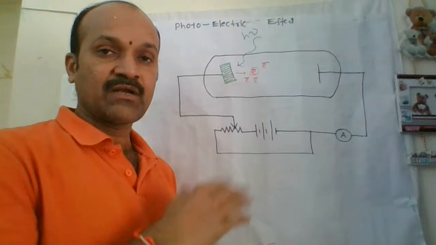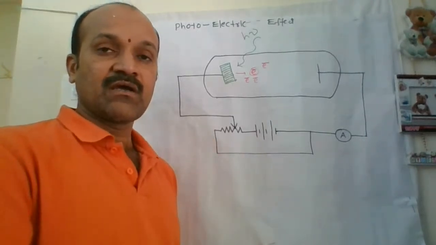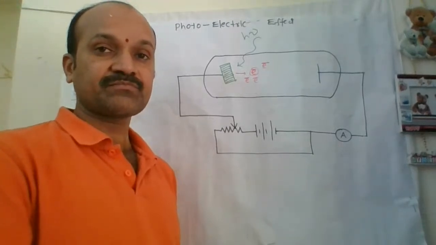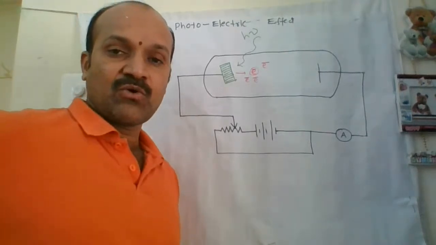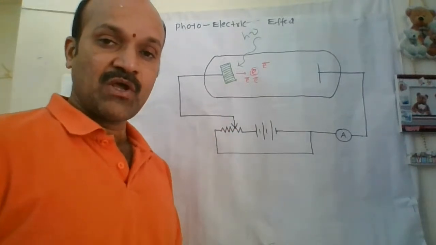Those electrons will flow in the circuit. Whatever current flows in the circuit is photocurrent. Those electrons are photoelectrons. Clear? So this is the basic principle in the photoelectric effect.